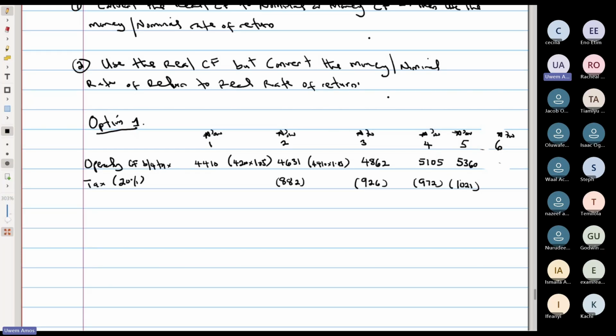That's what is added in year 6 to our computation. 1072.